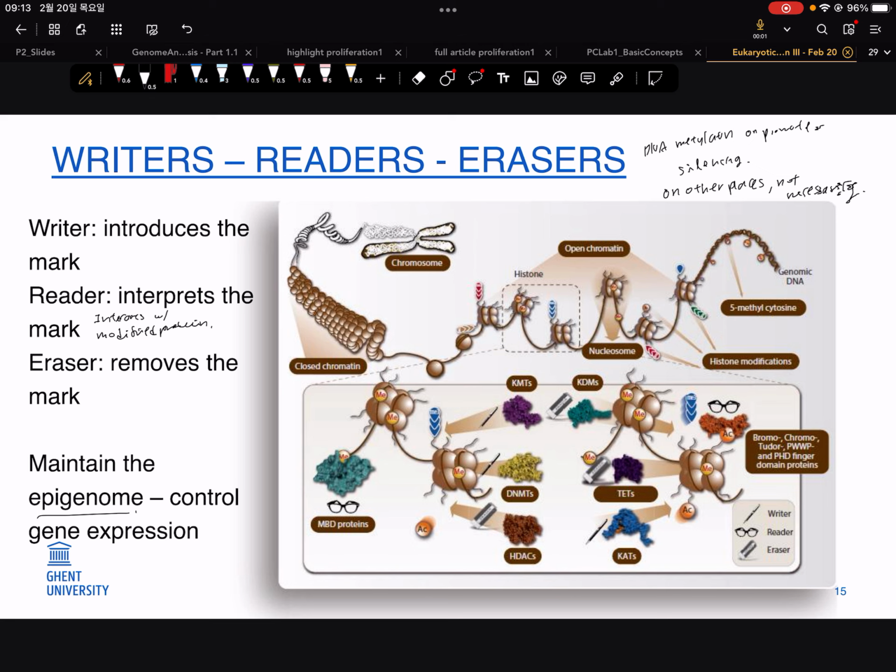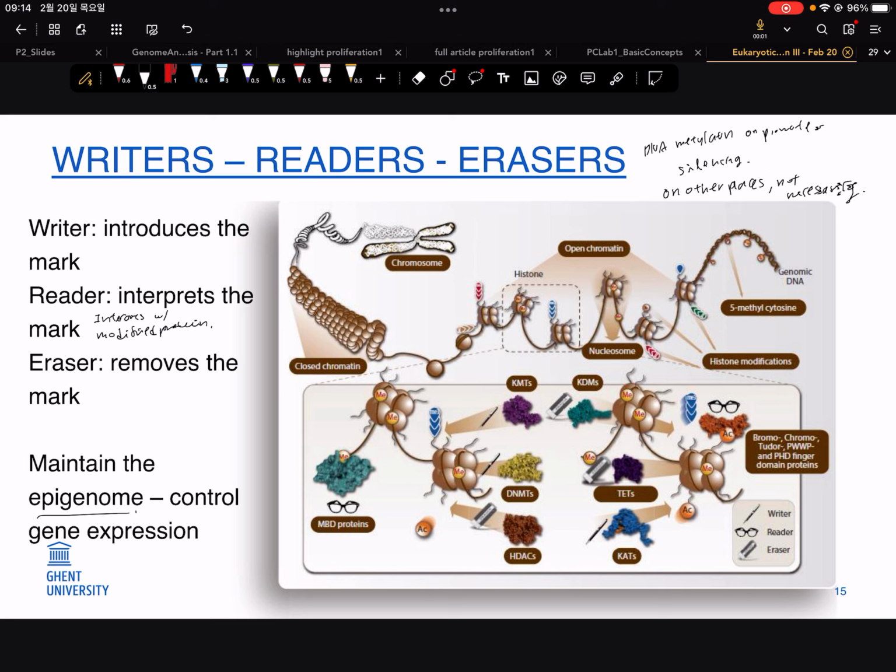I hope you know what domains in proteins are: parts of proteins that have a specific function or can interact with something. If your protein contains such a domain, then very likely it will interact with a methylated histone, an acetylated histone, and so on.